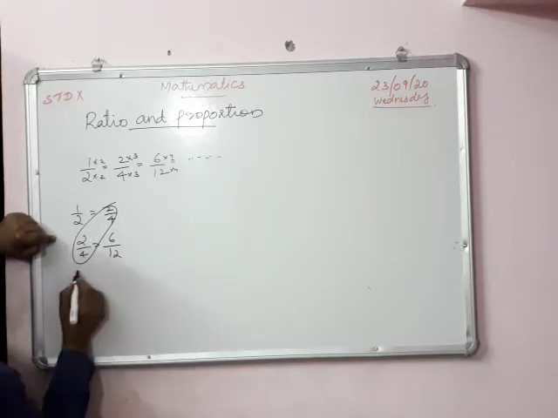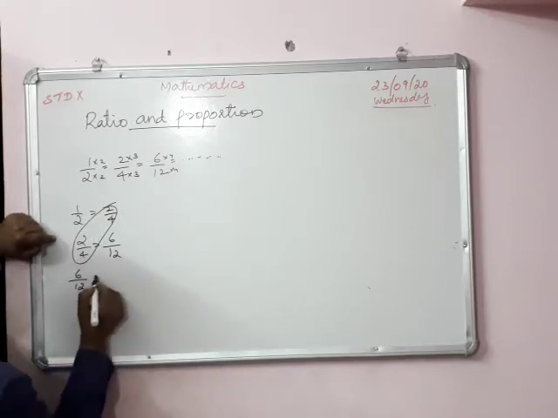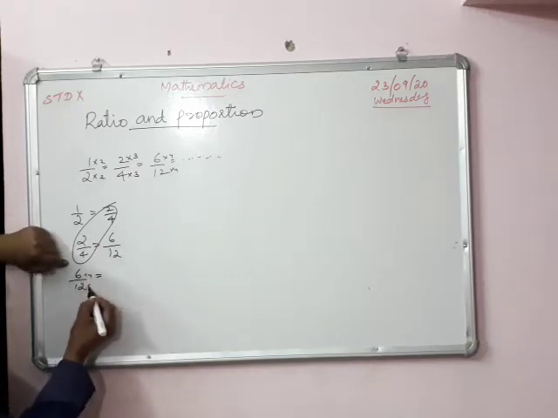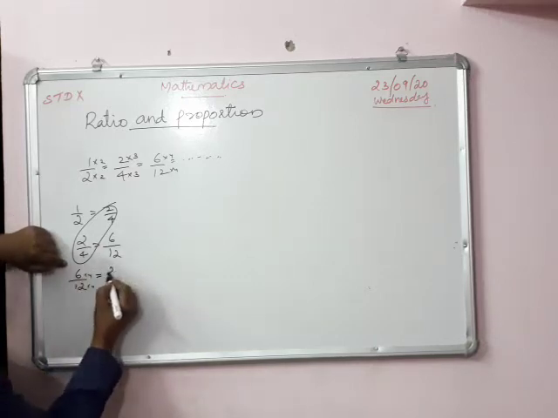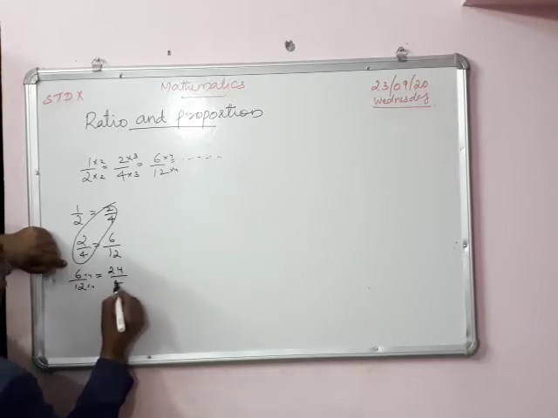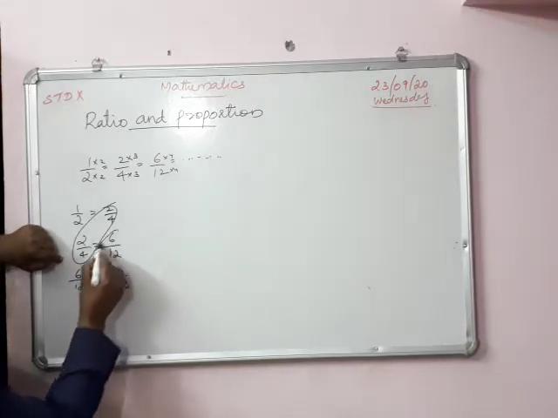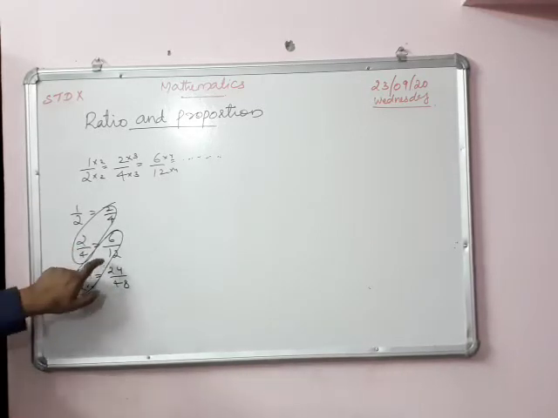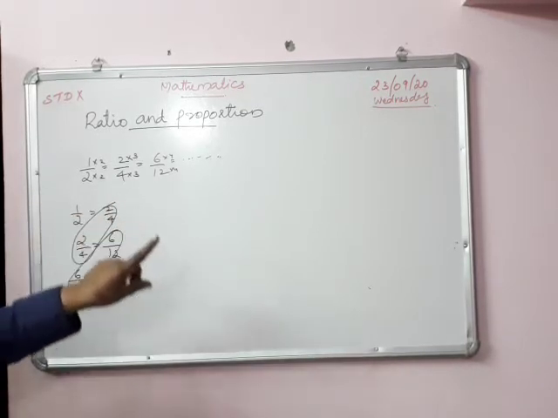Then next, 6 by 12 is equal to, multiplying both by 4, 24 by 48. Now you see 6 by 12 and this are both the same. So in this case we can say it is in continued proportion.